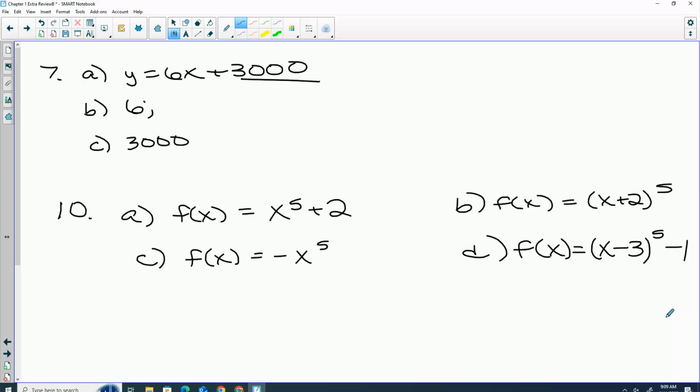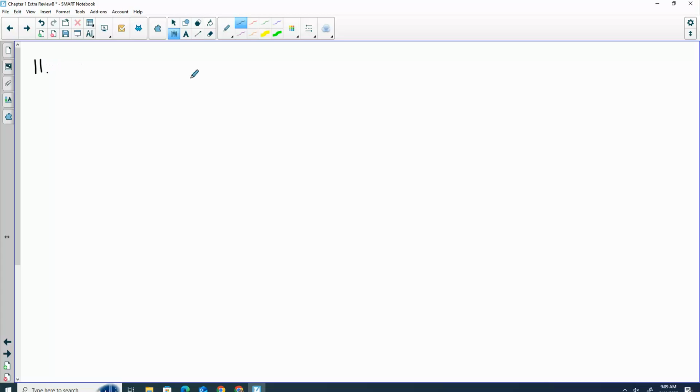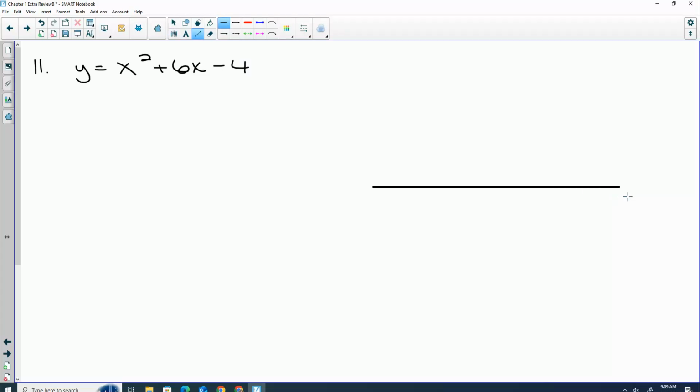We did ask about problem 11, so let's work that one. So I told you to use transformations to do this. What is my parent function? So if we start with our parent, it's just a parabola. 0 squared is 0, 1 squared is 1, negative 1 squared is 1.